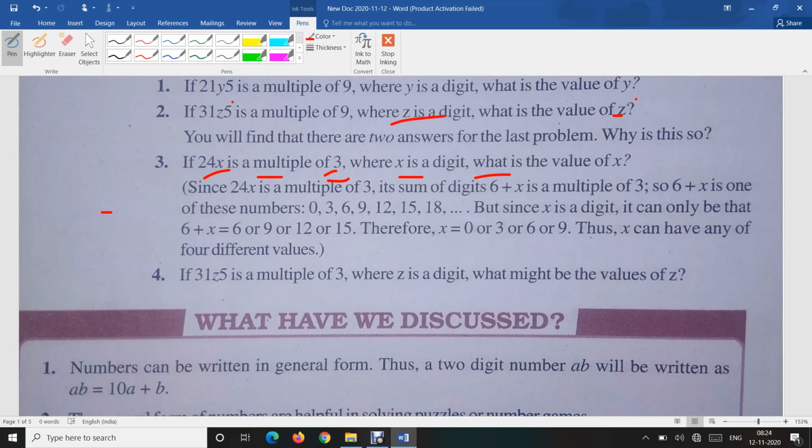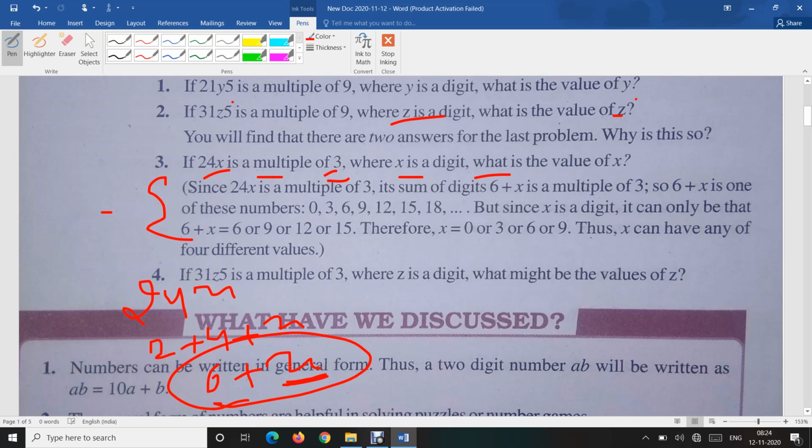Here 24x gives 2 plus 4 plus x, that means 6 plus x. So what should be the value of x so that it will be a multiple of 3? So see the solution for this question also.